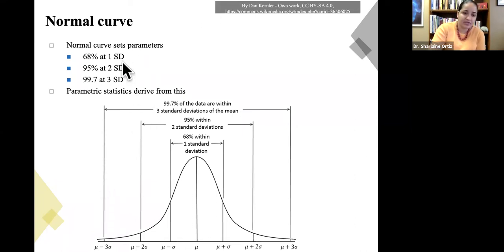And standard deviation, we generally represent with this symbol here, which is the sigma. So sigma is representative of that standard deviation. And like I said, standard deviation is how far we are moving from this center, from the mean, right? Did I move 1 time, 2 times, 3 times towards the negative, or 1 time, 2 times, 3 times towards the positive?